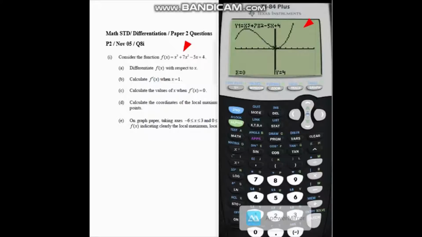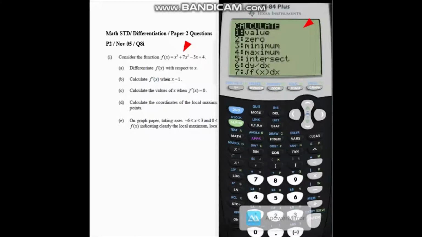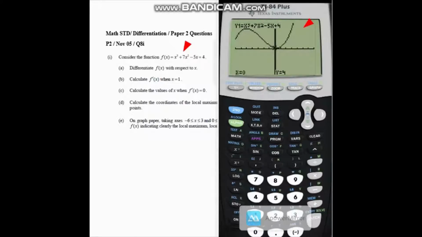Now to get f dash of x when x equals 1, I simply press second, trace, dy by dx, which is option number 6, and I type 1 into the calculator. I press enter, and the calculator tells me that f dash, or dy by dx, is equal to 12 when x equals 1.